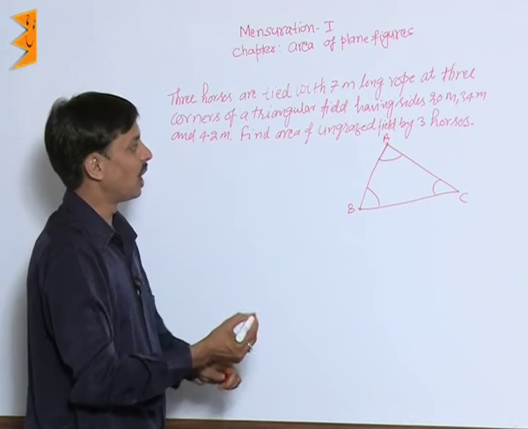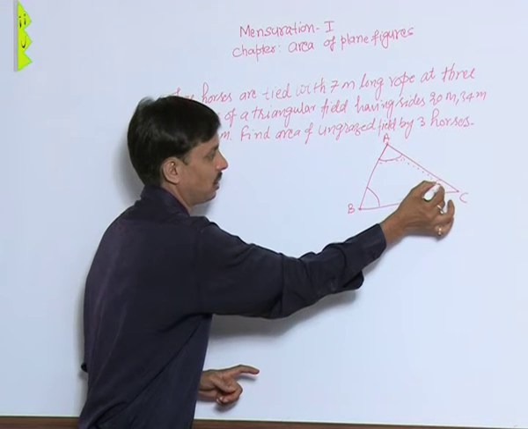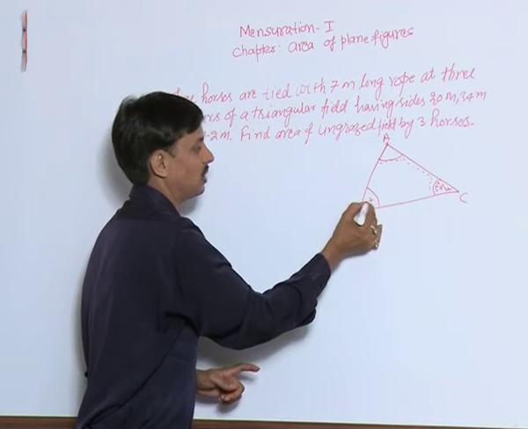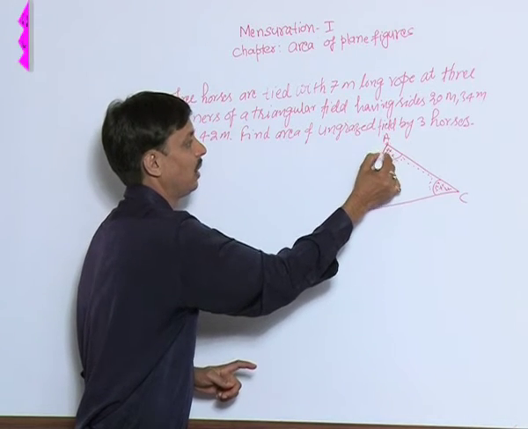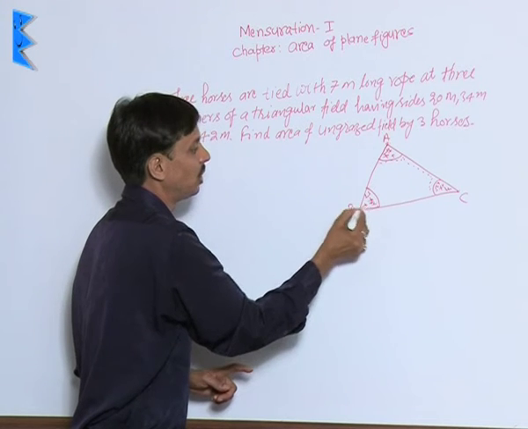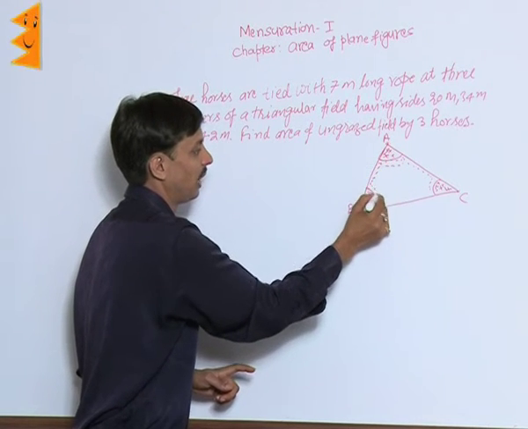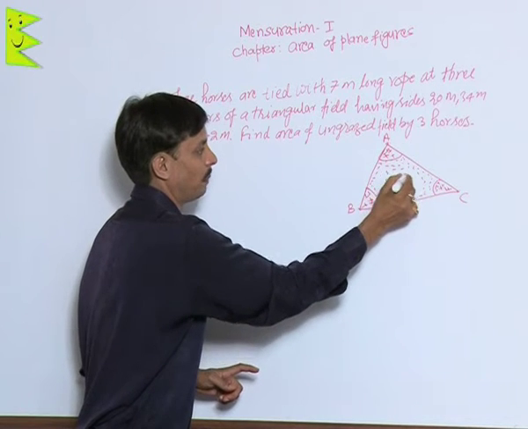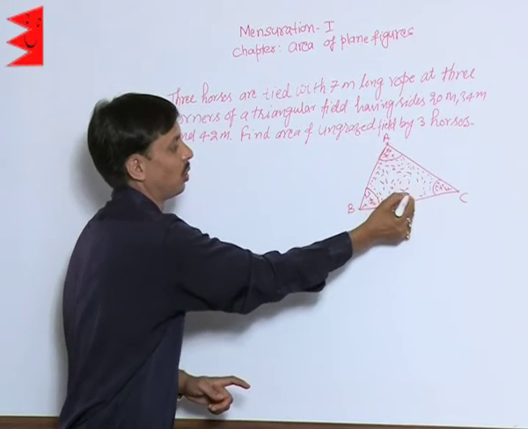I want to tell you how to find the area of the ungrazed part. Where I am putting crosses, these are the areas grazed by the horses. If from the area of the triangle, the area of these 3 sectors is subtracted, then we are left with the area of the shaded, dotted portion, which is not grazed by the 3 horses.